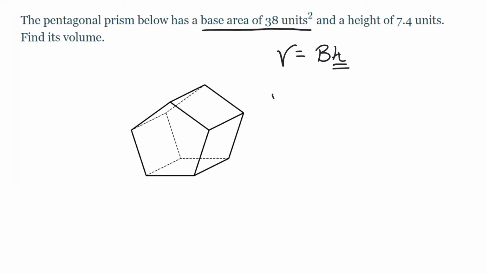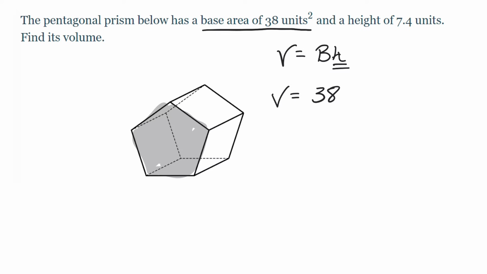Now, they were kind to us, and they gave us our base area. So our base area is 38 square inches. That would be this face that we're looking at right here. Since it is 7.4 inches tall, we essentially have 7.4 of the highlighted unit that I have right there. So all we need to do is multiply base area times our height.